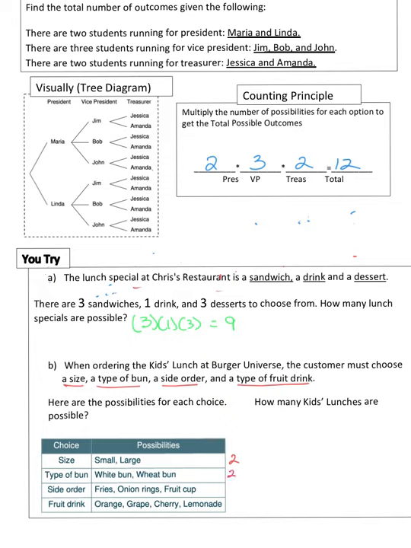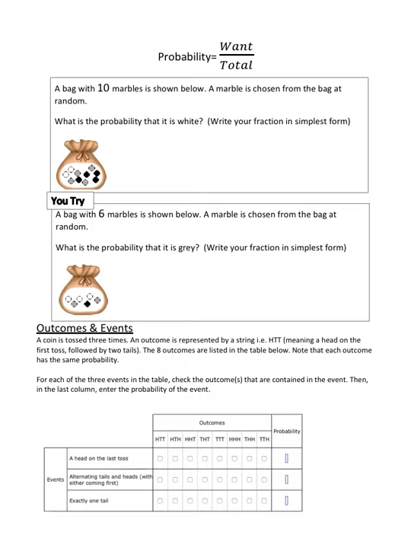How many side orders? 3. And how many fruit drinks? 4. So how many kids' lunches are possible? 2 times 2 times 3 times 4. 4, 12, 48. 48 possible combinations. Fundamental counting principles, pretty easy.